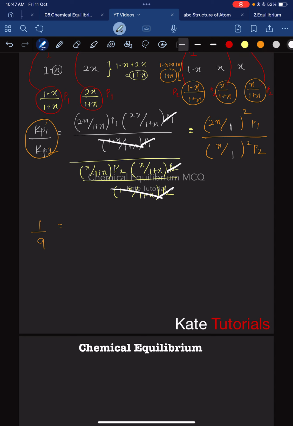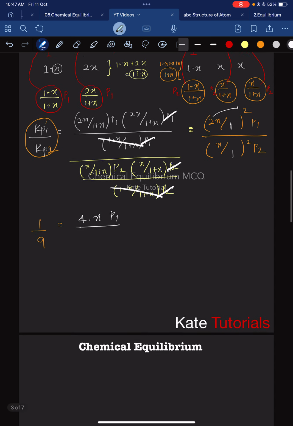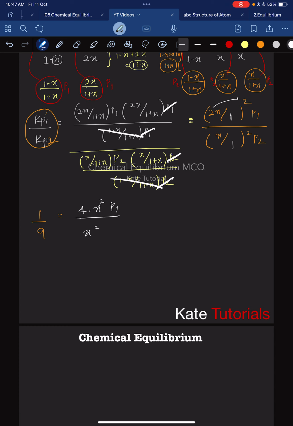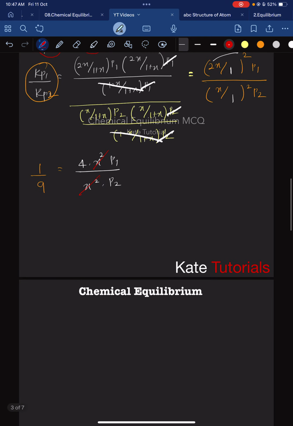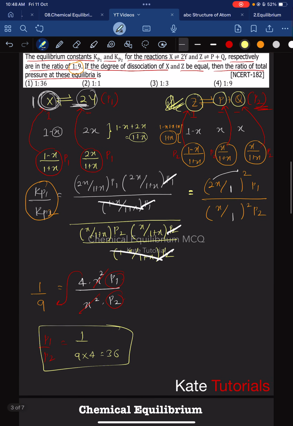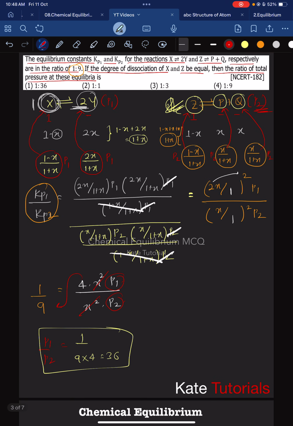If I square this, 2 squared is 4, so 4 into x squared into P1 divided by x squared into P2. The x squared will cancel, so I'm left with P1 by P2. They're asking me for the ratio of P1 by P2. If I take this 4 across, I'll get P1 by P2 equal to 1 by 9 into 4, which is nothing but 36. So 1 is to 36 should be the answer for this question. So 1 is to 36 means the first option is the answer.